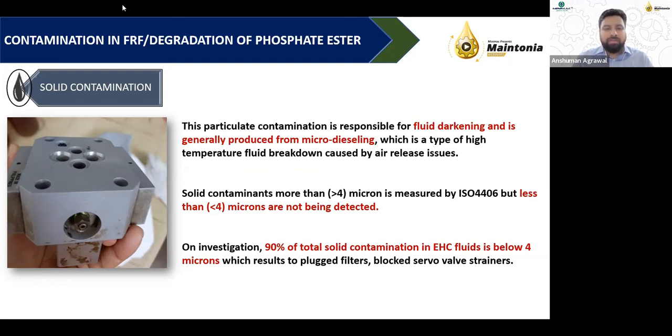Because of the varnish and sludge, they could hardly perform. So although the fluid had the NAS 4 level maintained, which is super fine, the pencil filters were getting clogged because of the sludgy formation on their surface.